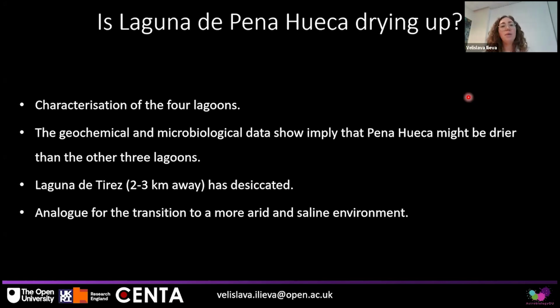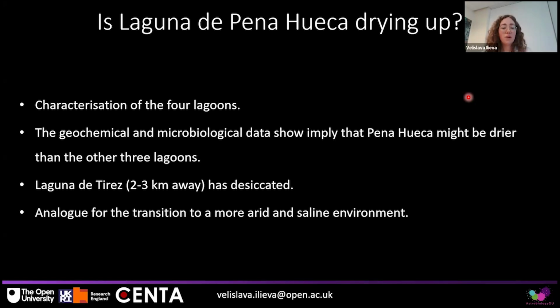All of the data pinpointed that Laguna de Penahueca is slightly drier than the other lagoons and might be drying up completely. Interestingly, there is another lagoon that features quite prominently in astrobiology studies. This is Laguna de Tirez, which some of you might have heard about. It's only 3 kilometers away, and it completely desiccated in 2015, and it has been identified as a temporal analog for desiccation on Mars and the effect on putative life.